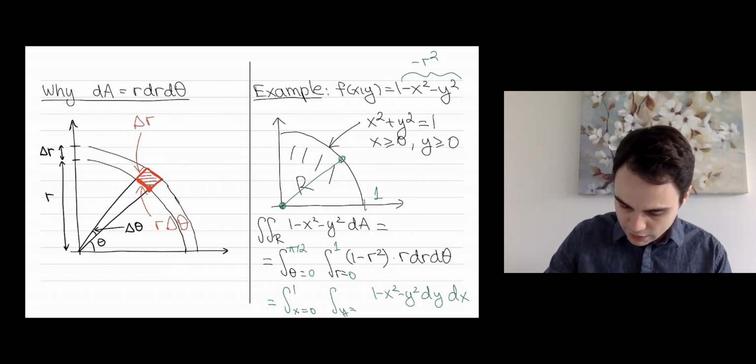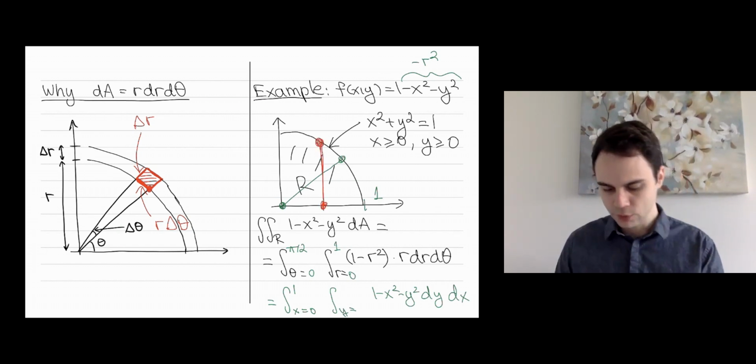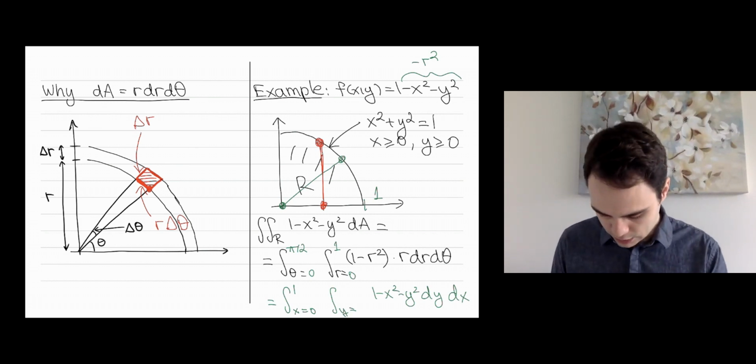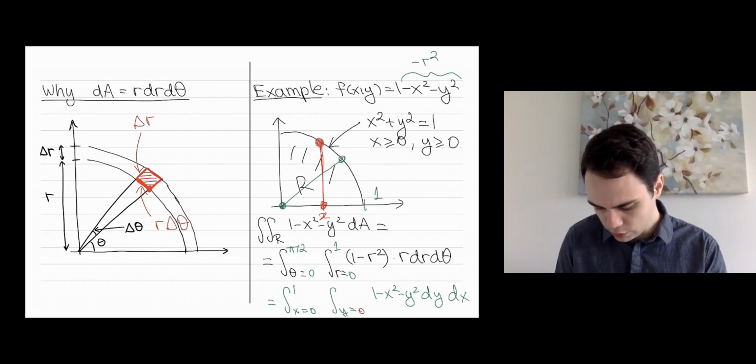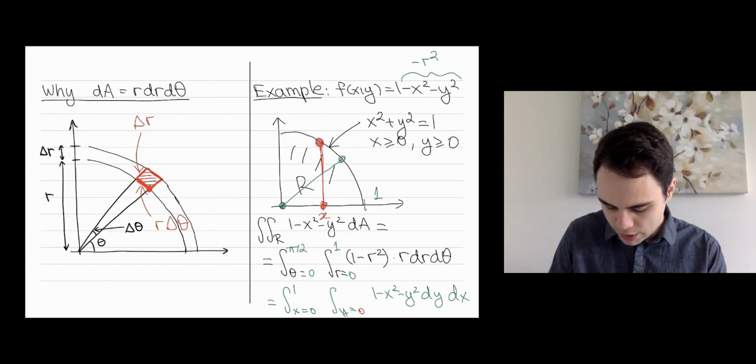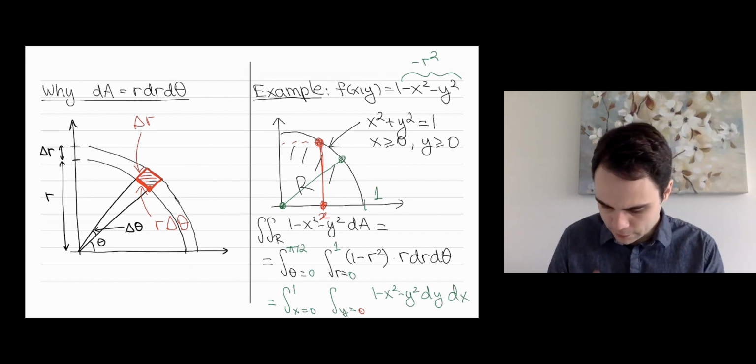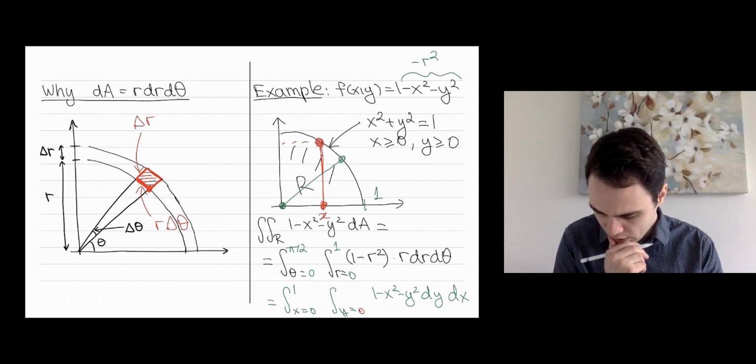For an intermediate value of x, y would go from 0 to the y value here, right? So if x is fixed, y would start at 0 for all of these x's, and would stop at a y value that depends on the x I fixed. But what's that value?